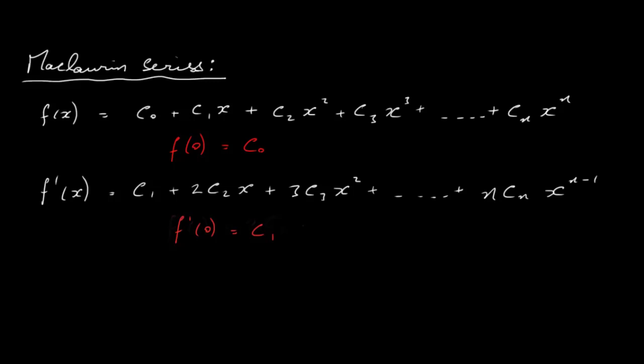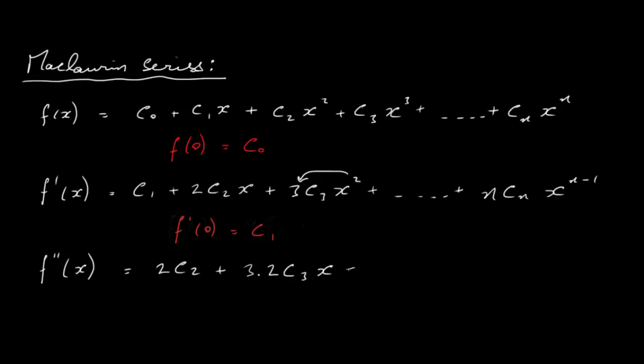Okay, so let's go again and do the second differential. We're just going to differentiate this function. Again, if you differentiate c1, you get 0. If you differentiate this, you get 2c2. Out here, we get 3 times 2 c3 x. All I've done is take the 2 and bring it down, and rather than writing 6, I've written 3 times 2, c3 times x.